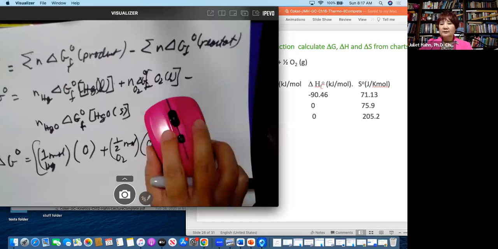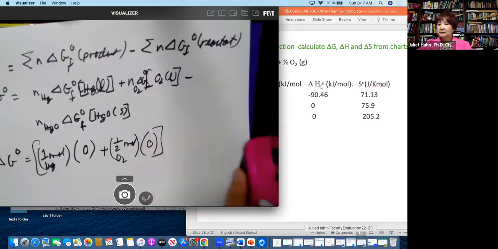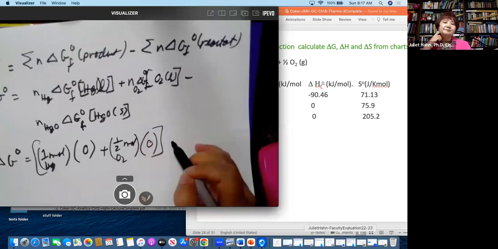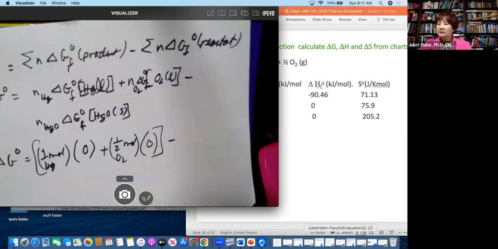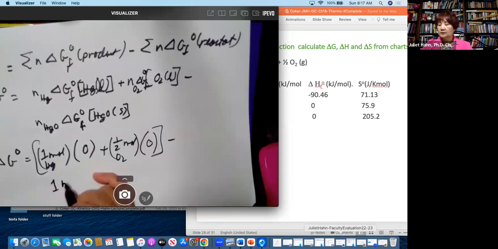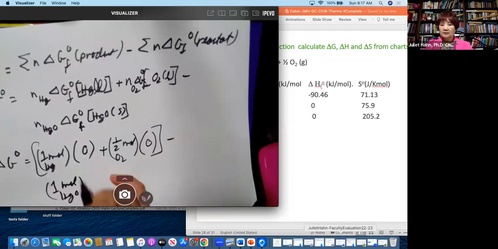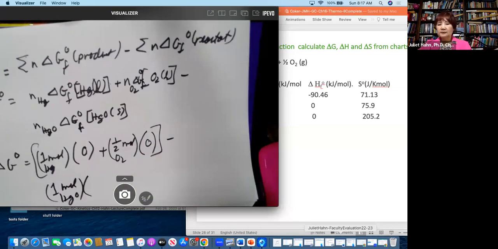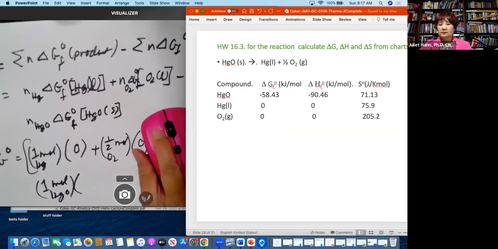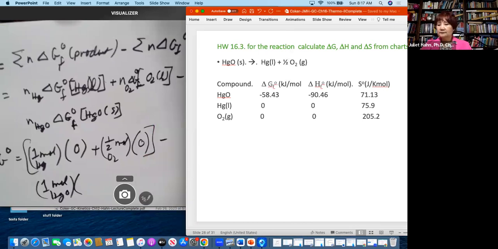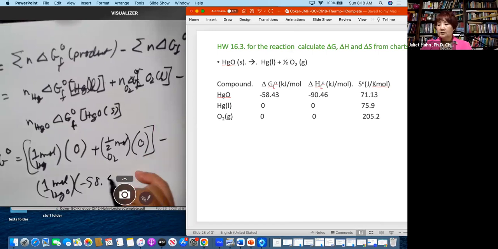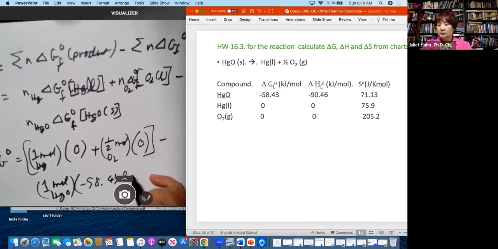Then you subtract from that the number of moles of mercury oxide, which is 1 mole of mercury oxide times the number for that here, which is negative 58.43, and the units are kilojoules per mole.